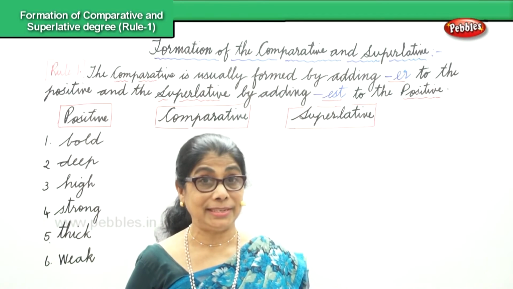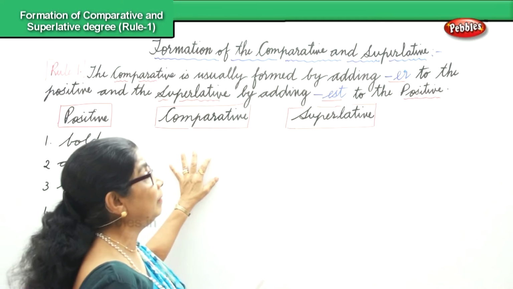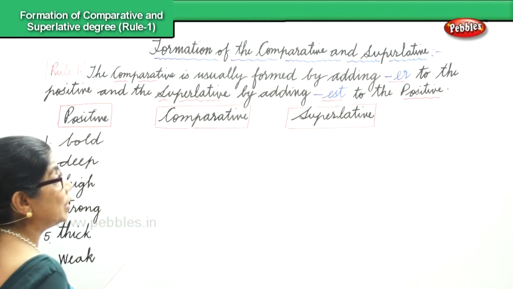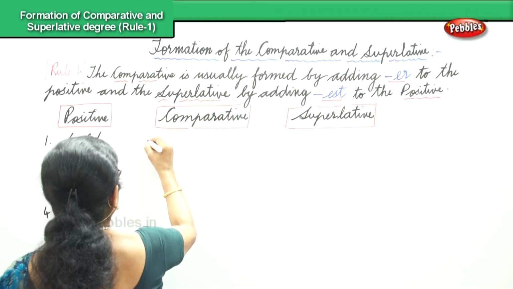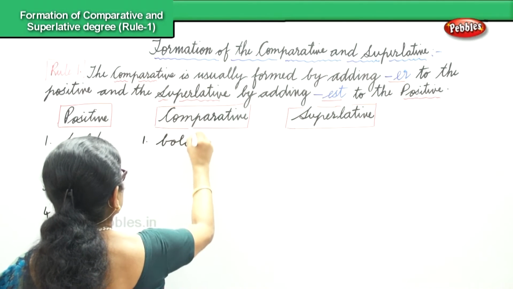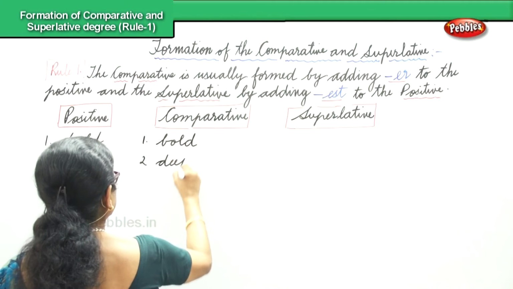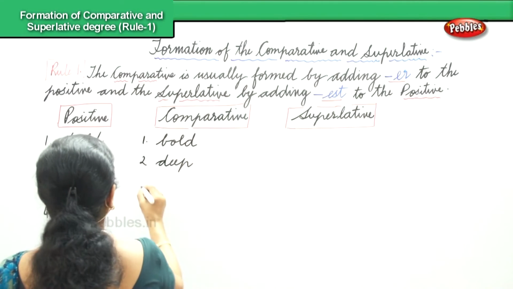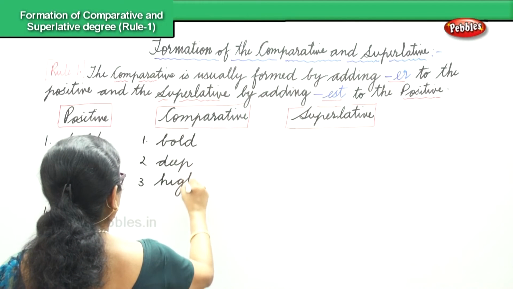Now we're going to change. We learned that to change into comparative, we add ER to the positive. So you have bolder. First, bold, you add ER. Second, deep, deeper. Third, high, higher.